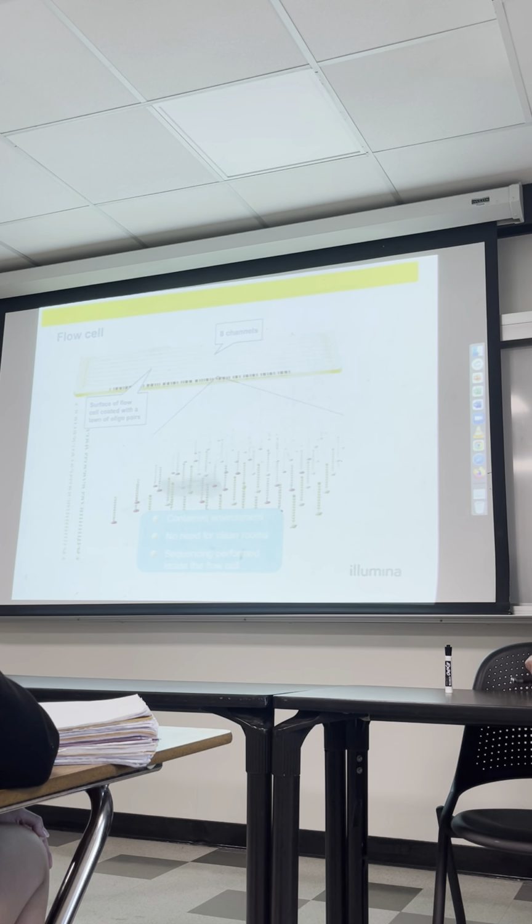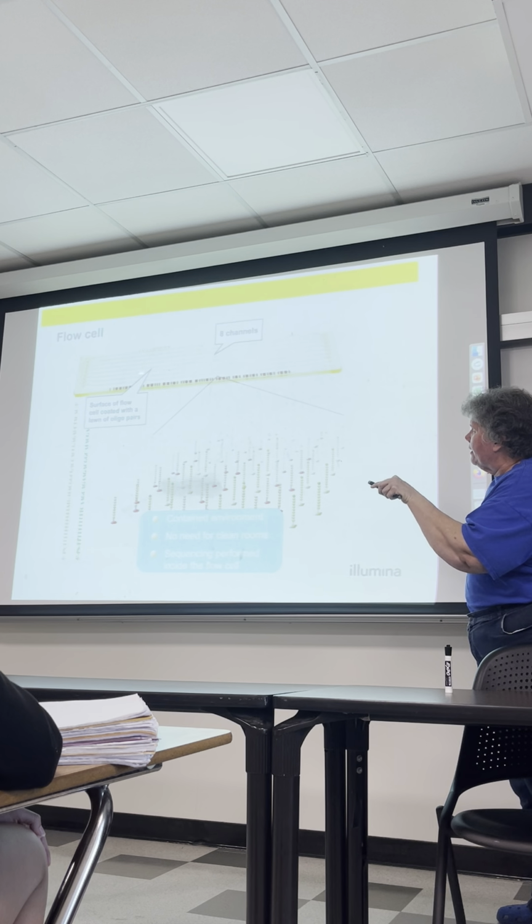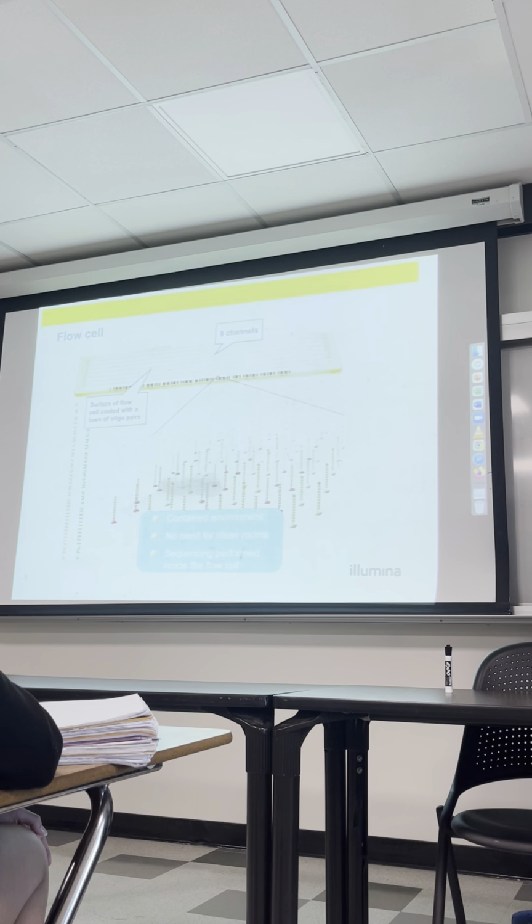So here's that little microscope slide. It has a bunch of little channels in it. You can use one channel each for a number of different sequences. Like let's say you're sequencing just E. coli genome. E. coli genome is not nearly as complex as a human genome.